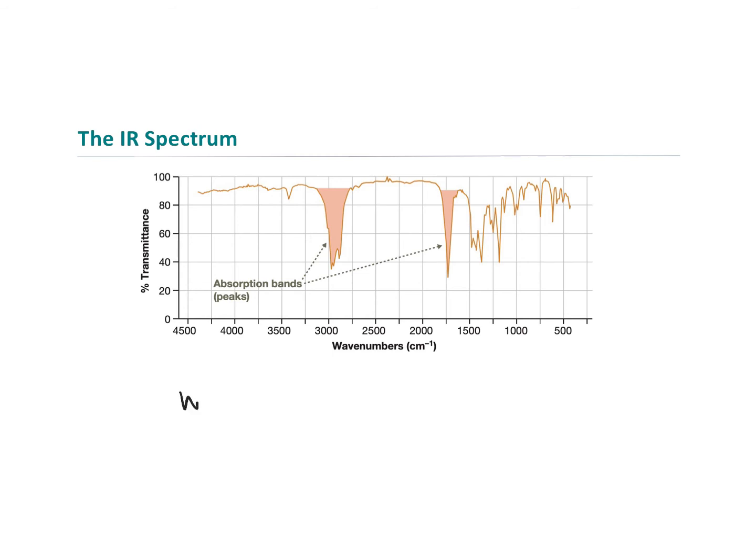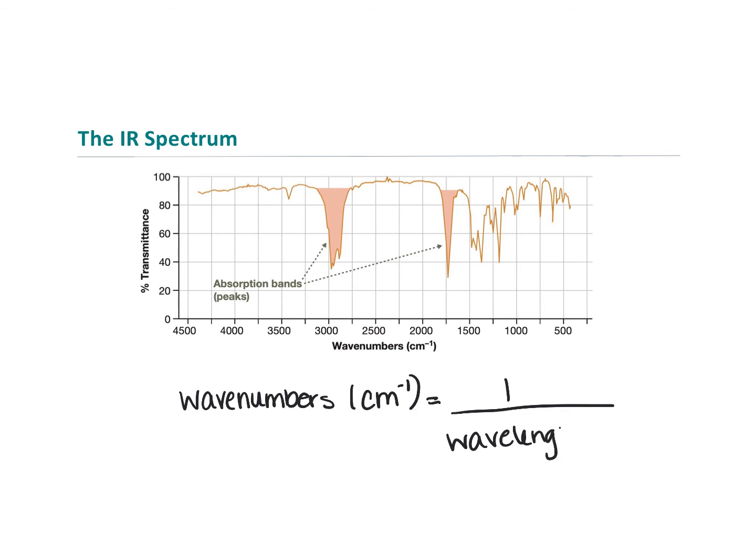So wave numbers are measured in centimeters to the -1. And that means it's 1 over the wavelength, again in centimeters. So it's what we call the inverse, okay?